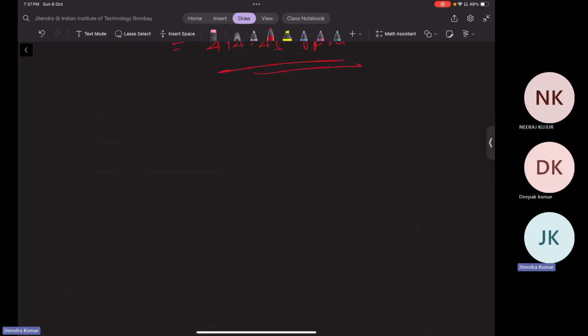Okay, so one problem I wanted to discuss based on losses, which arrived in one lecture. Losses are very important in a DC machine, because at what node which losses will be there, to identify that particular thing is a bit tricky in a DC machine. So let us see one problem based on losses.